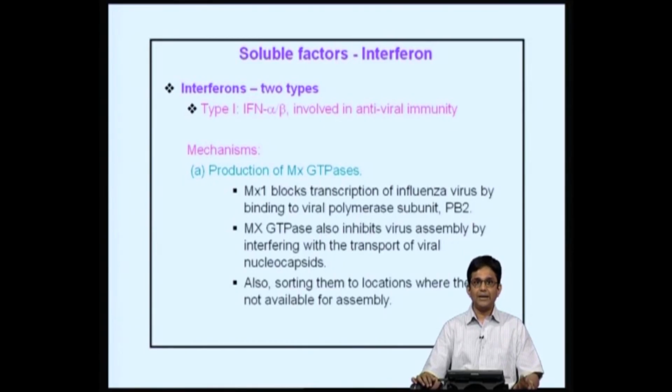There are two main types of interferons, type 1, which is IFN alpha, IFN beta, or type 2, which is interferon gamma. And the type 1 interferon, which is interferon alpha beta, is involved primarily in antiviral immunity. It has other functions, but its main role is, it's very well known to play an antiviral role.